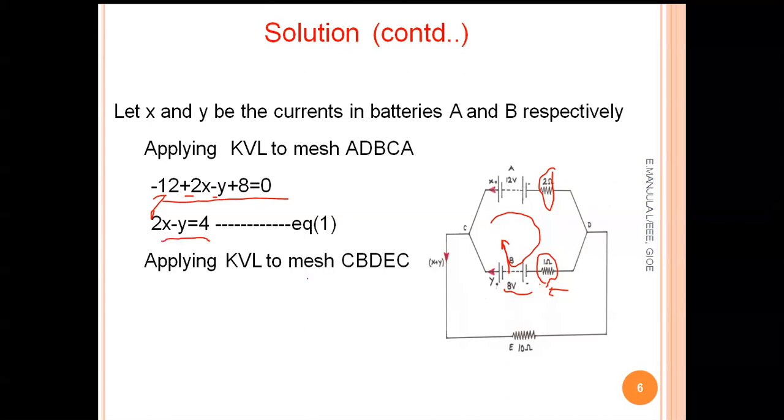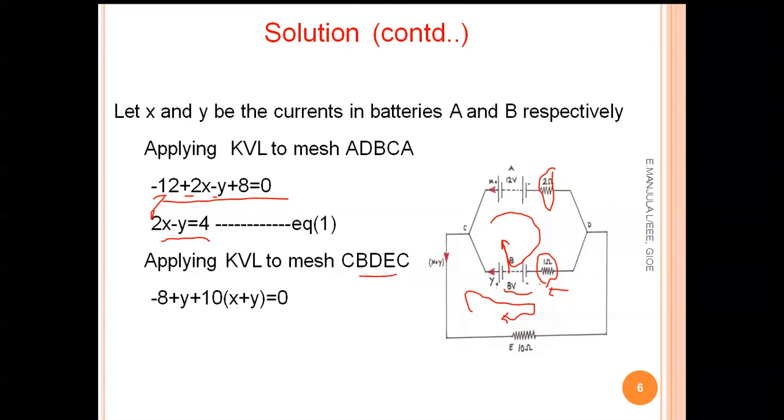And now we have to take another mesh. So here I'm considering C, B, D, E, C. If this is a loop, now here this is minus 8, and the direction of the current and loop are opposite, so plus 1y.